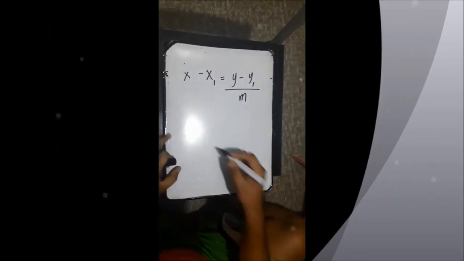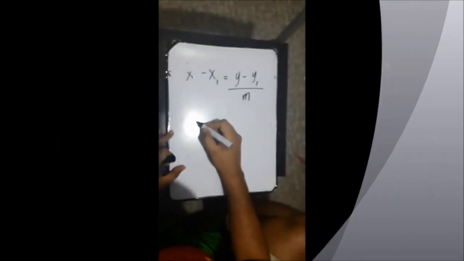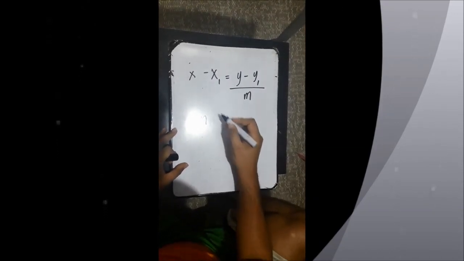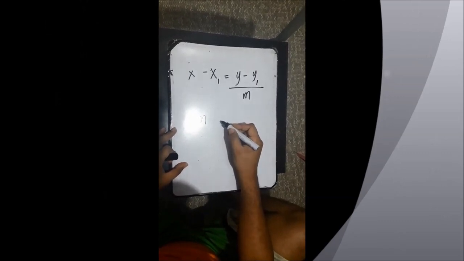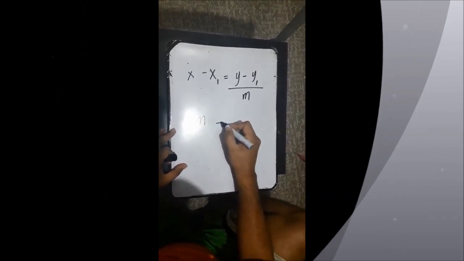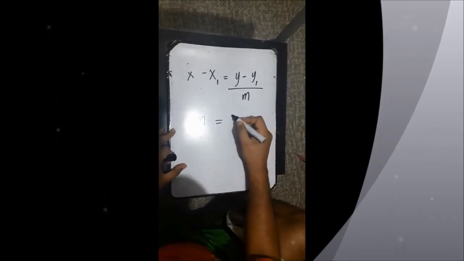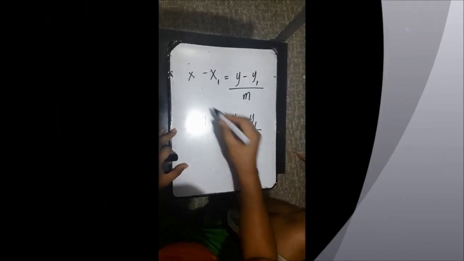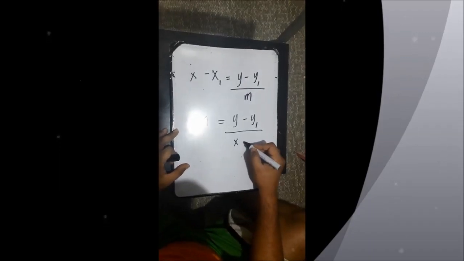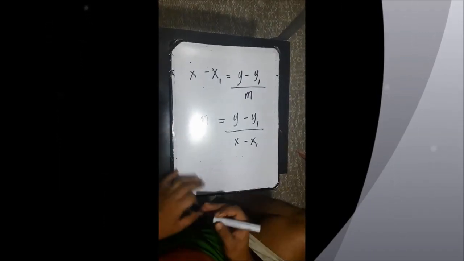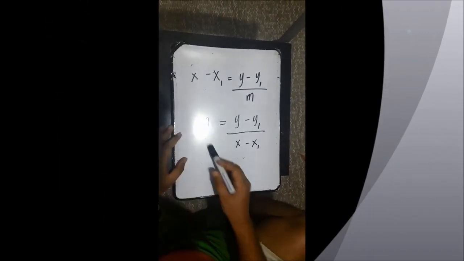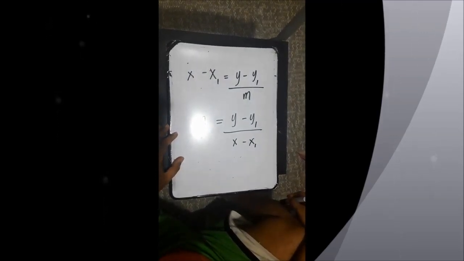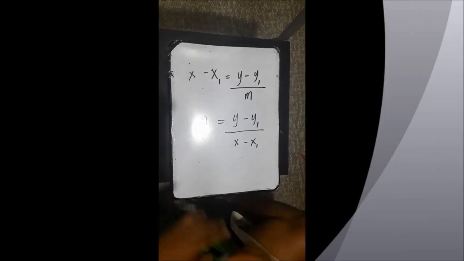So to do that, I'll be having m on the left side, taking the place of x minus x sub 1, and I'll equate m to y minus y sub 1 all over x minus x sub 1. Now in this case, this is already the solution for m, and it took me just one step to do it.